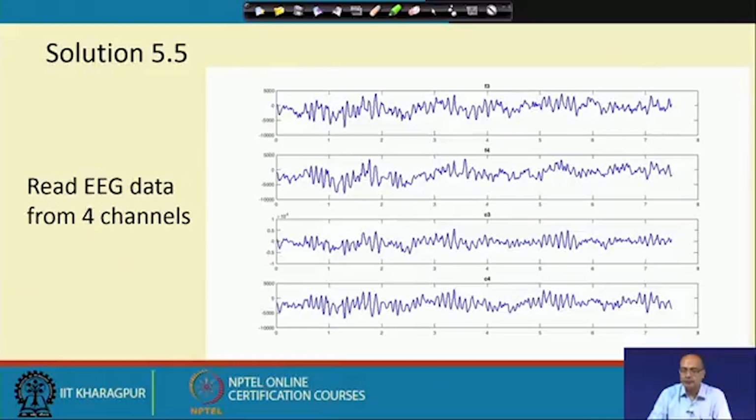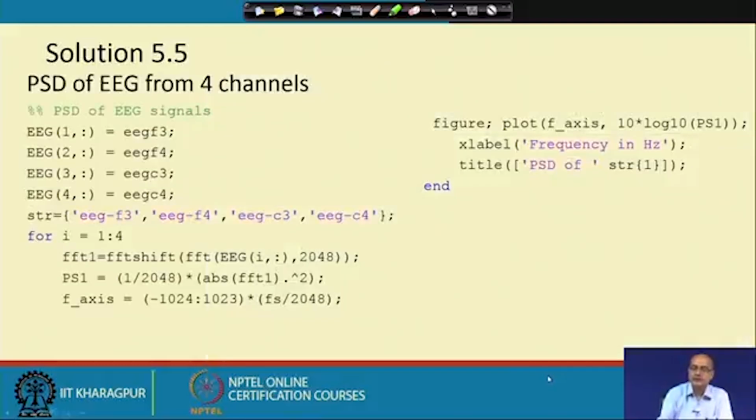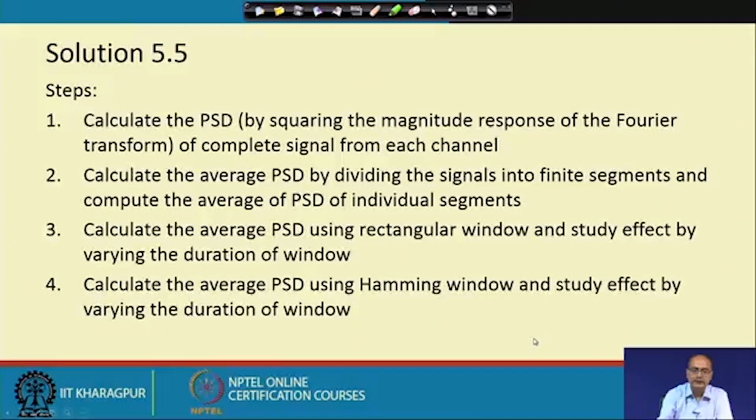So, now we have to go for the computation of the PSD. We compute the PSD of each one of them at a time, first for the whole signal, and we display them, and then we go for the step of the averaged periodogram.